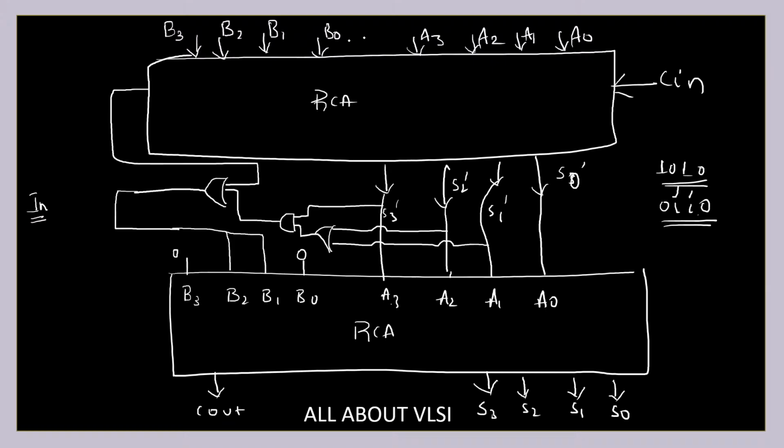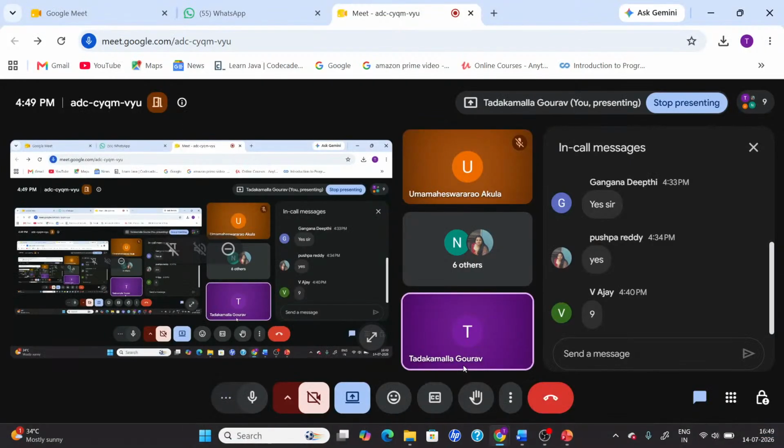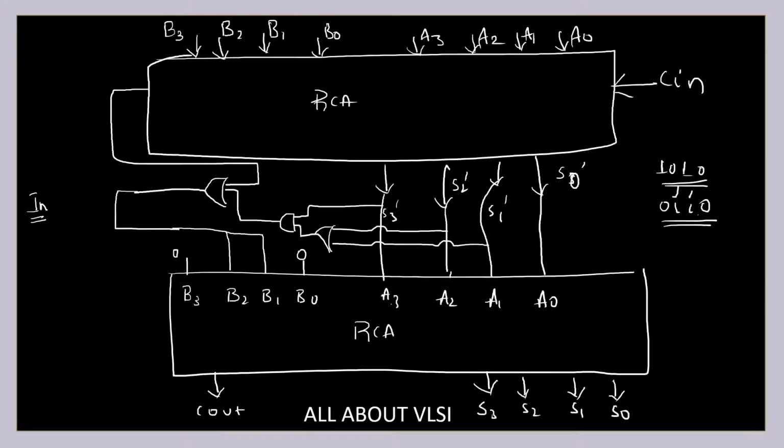So this is how I'm going to design a simple BCD adder using this kind of circuitry. Okay. Any doubts or any queries in this particular circuit? Please look into it and let me know if there is any query. Is the circuit clear?